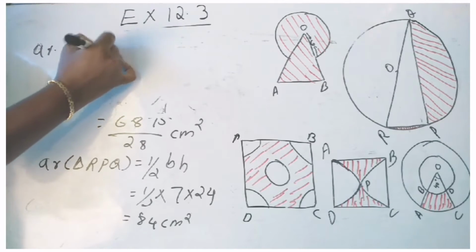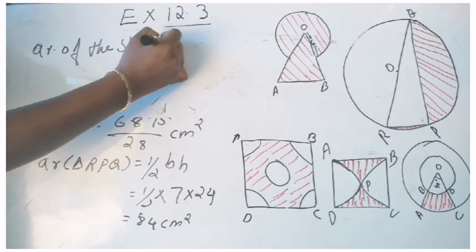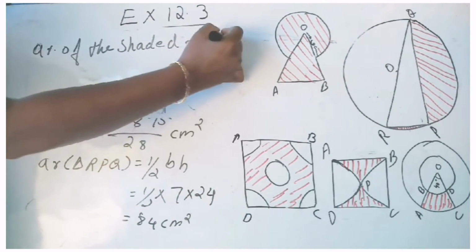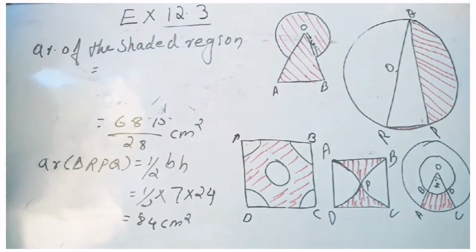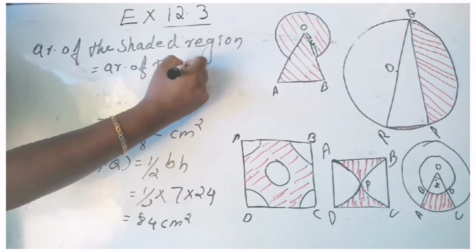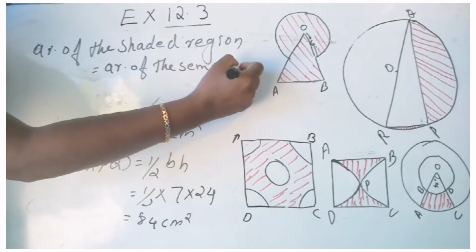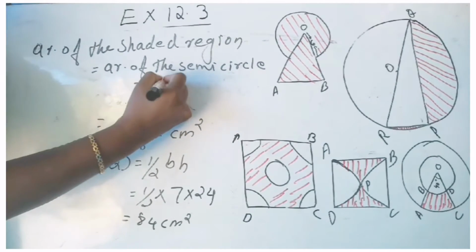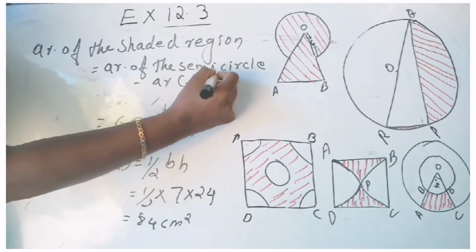Area of the shaded region is equal to area of the semicircle minus area of triangle RPQ.